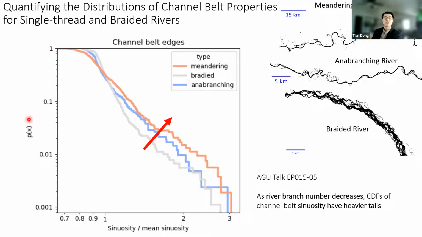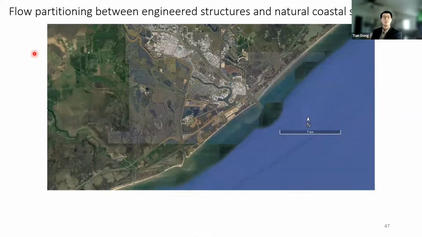And given my interest in fluvial and coastal systems at UTIG, I'm interested in developing more projects looking at coastal hazards. One of the projects I'm interested in is looking at flow partitioning between engineered structures at the Gulf Coast and the natural systems. Here I'm showing a map of Freeport, Texas. This area is a mixture of large cities and natural areas.